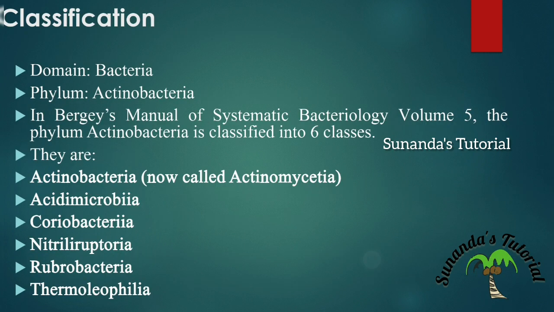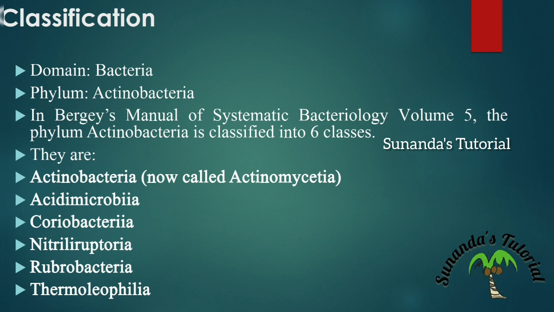Okay. Then the classification. As I have already told you, these Actinomycetes are included under the bacteria domain and phylum Actinobacteria. According to Bergey's Manual of Systematic Bacteriology, the phylum Actinobacteria is classified into 6 classes. One is Actinobacteria, now called Actinomycetia.